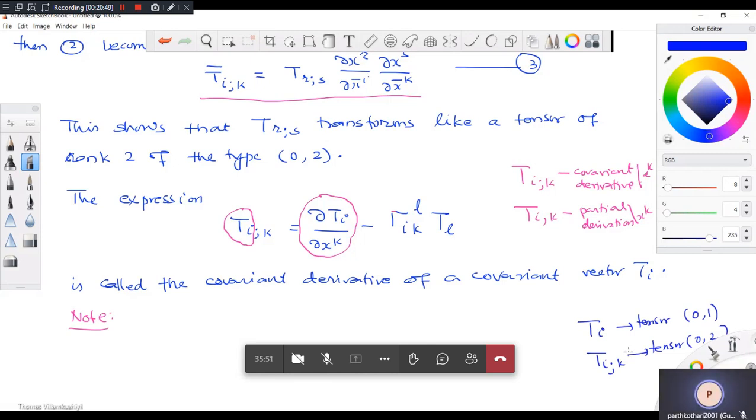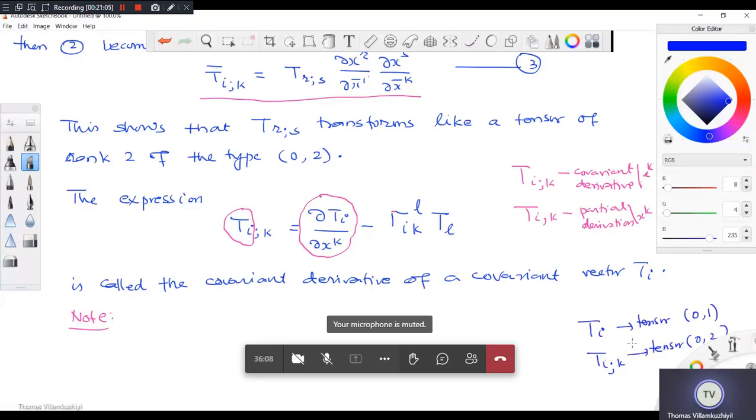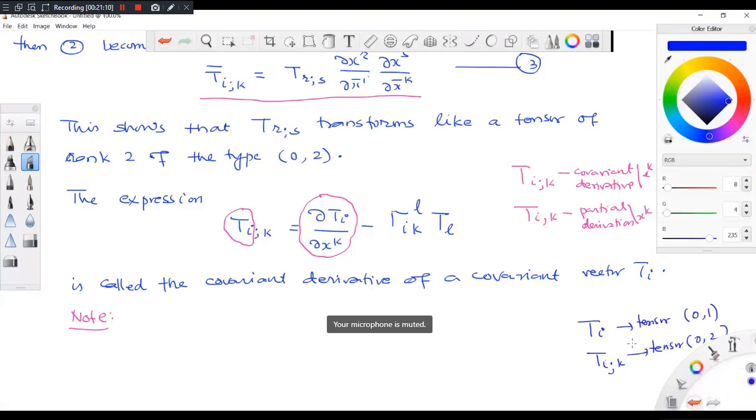So if you differentiate covariantly a vector, which is a tensor of order 1, it will become a tensor of order 2. So the process of covariant differentiation increases the order of the tensor by 1. This is what you can observe from this.